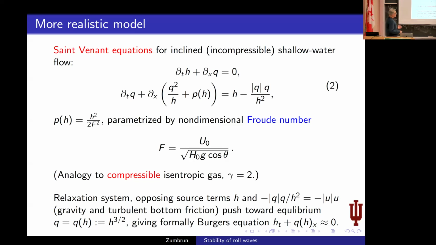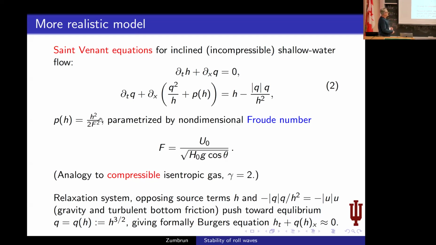So it's basically measuring the amount of energy in the flow. Things become more energetic with large F and less stable. The left-hand side is exactly compressible isentropic gas dynamics with a gamma-law gas, gamma equals 2, that's the H squared.